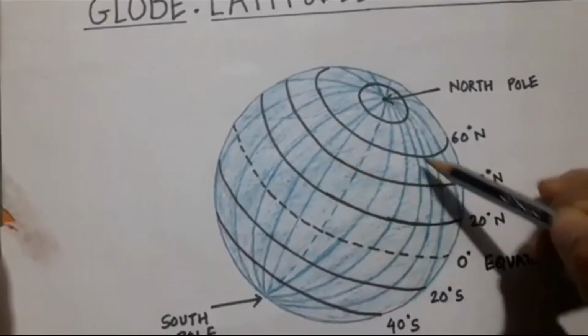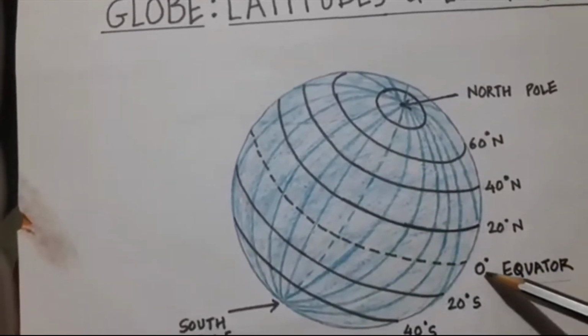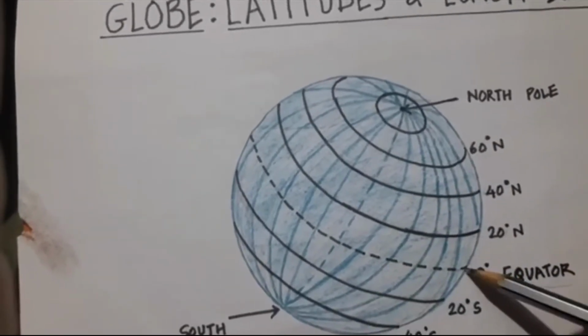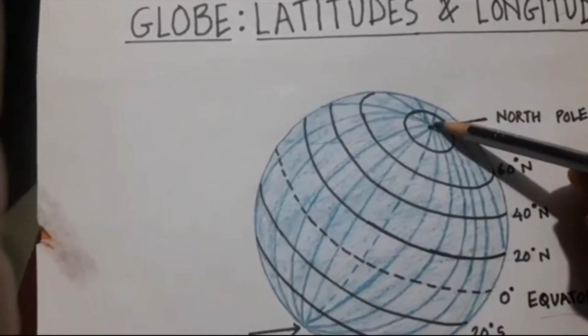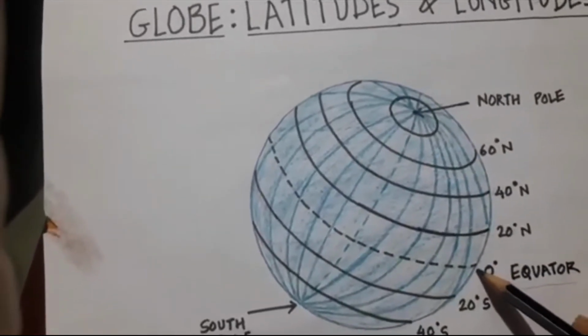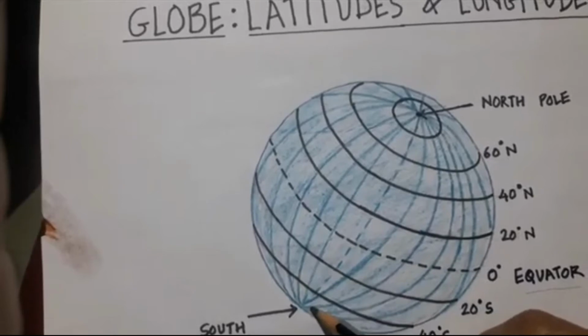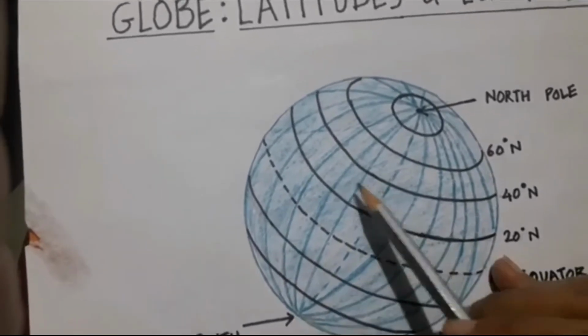They are numbered from the equator at 0 degrees to 90 degrees north. In the same way, from the equator towards the south, 90 degrees south.